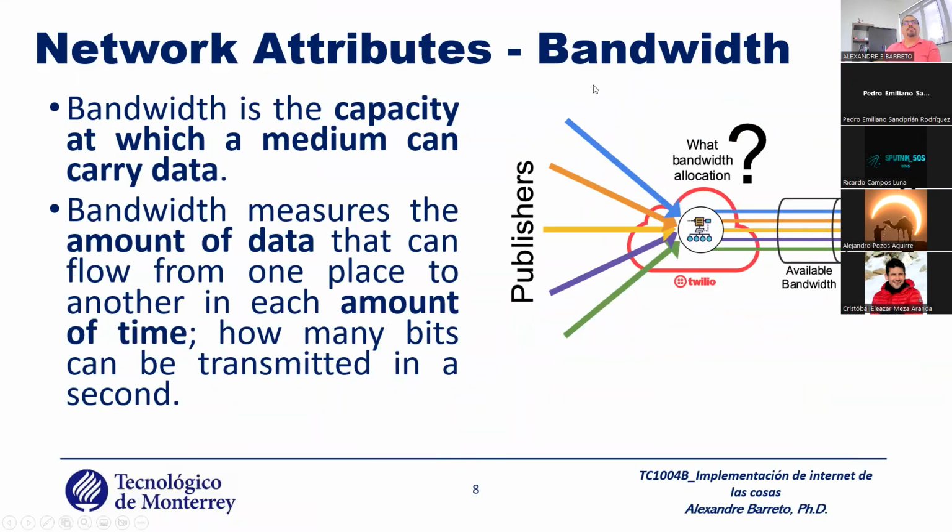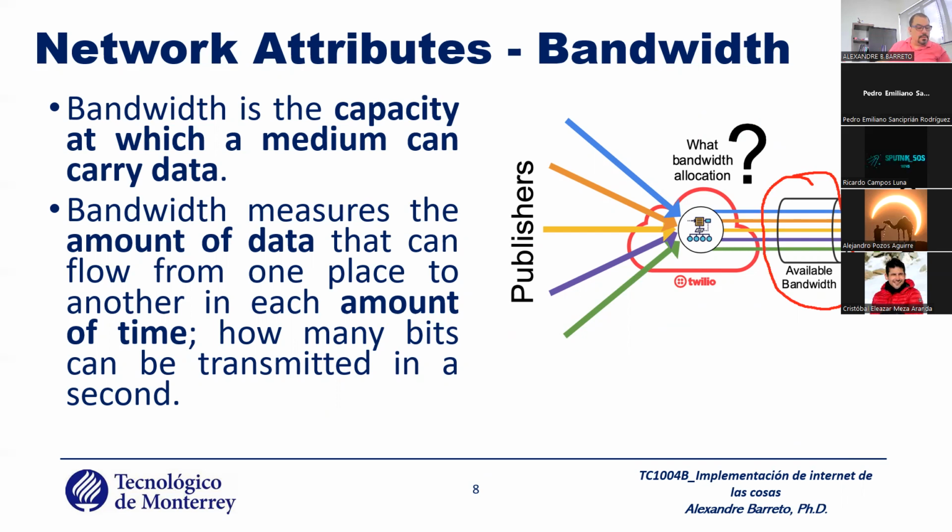Okay, we talk about the bandwidth. What is the bandwidth? The bandwidth is the capacity of the medium. For example, think of a metallic cable, like the one you have in the phone, and think that with this cable you can transport data.